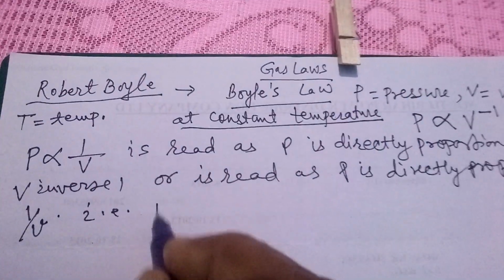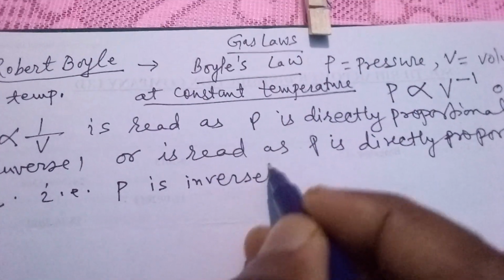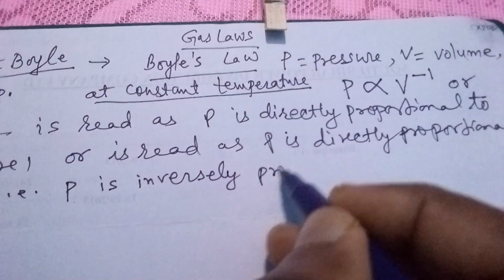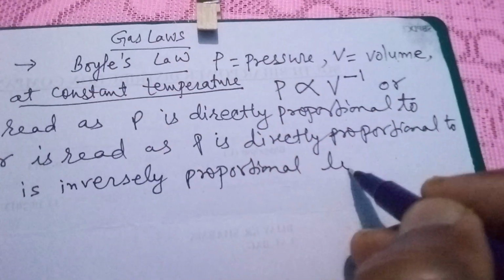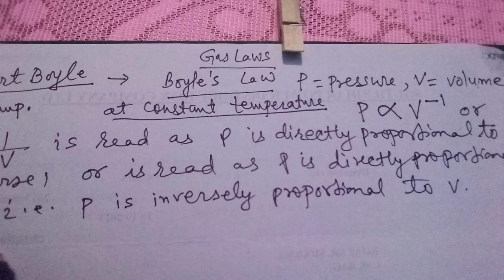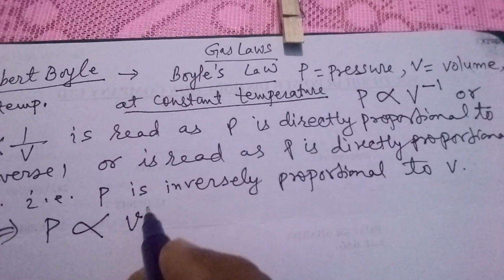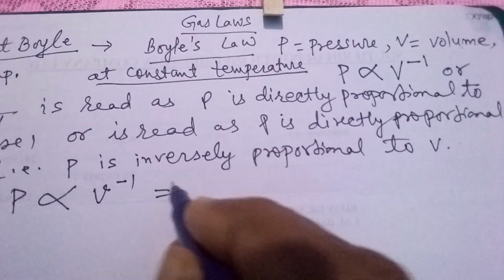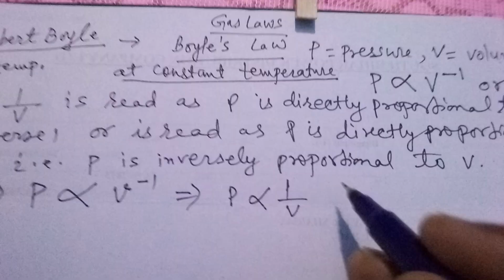It means that P is inversely proportional to V. What does this mean? This is written as P, okay, like this. Or this can also be written as 1 by V. What does this mean?